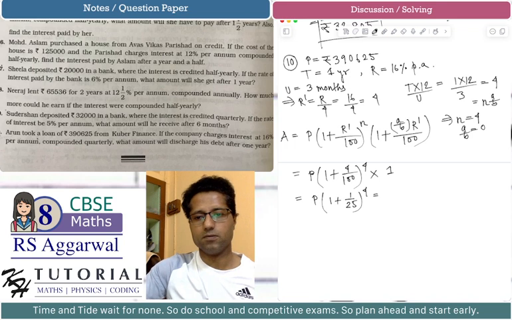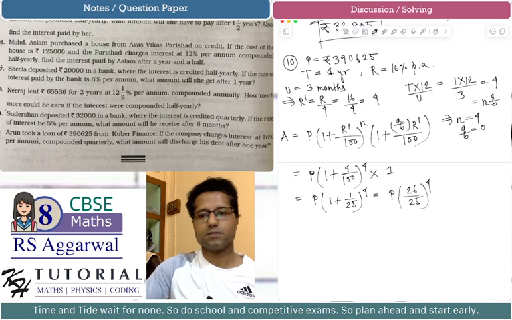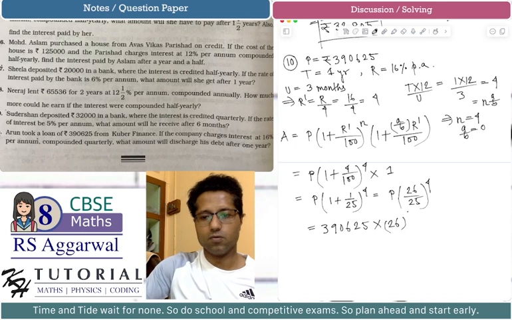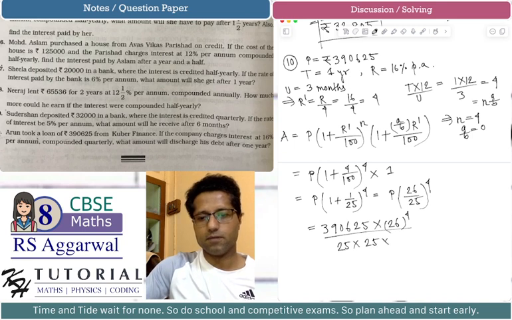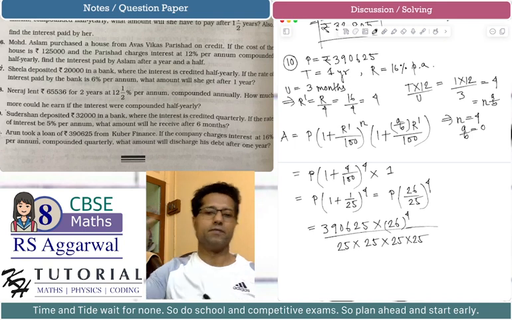This is equal to P, 26 by 25 to the power 4. Now if we substitute the value of P, we get 390,625 multiplied by 26 to the power 4 divided by 25 multiplied by 25 multiplied by 25 multiplied by 25.